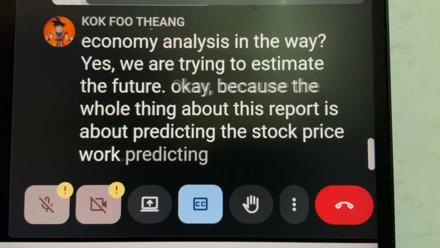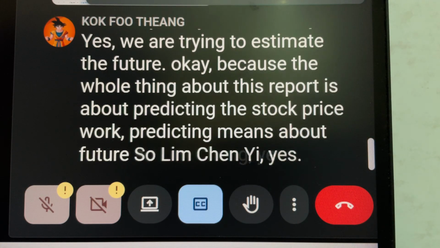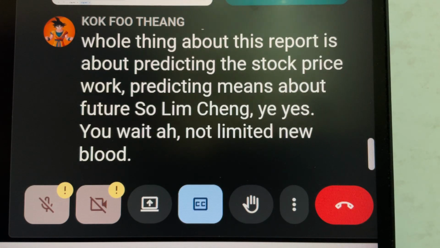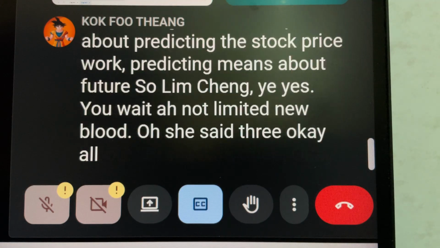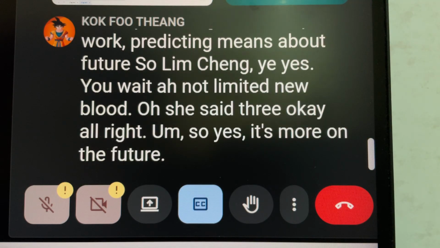But predicting means about the future. So yes, it's more on the future.